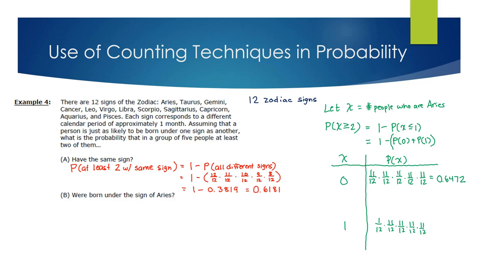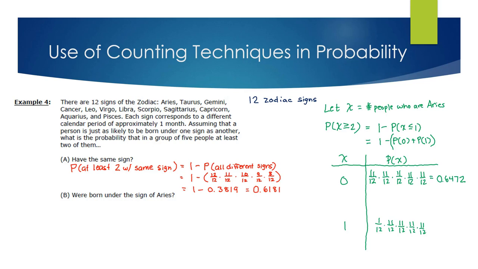So for this one here, if I just looked at that, it is just the probability that the first person chosen is an Aries and the next 4 are not. That's not the only circumstance where I could possibly have one person being an Aries and 4 people not.